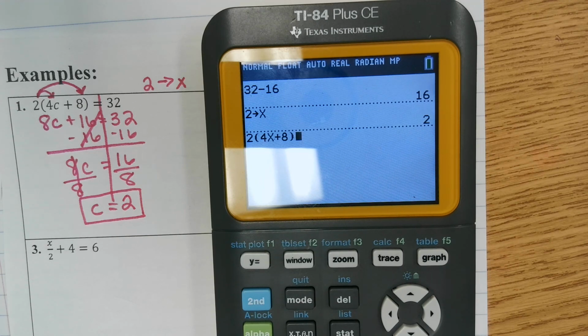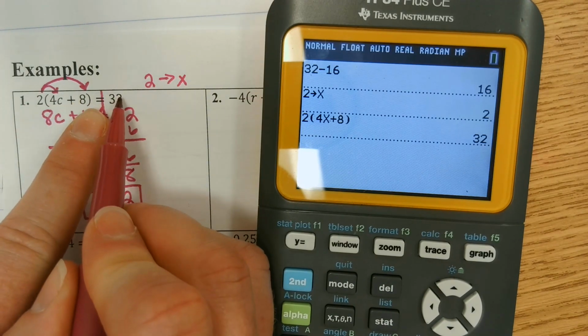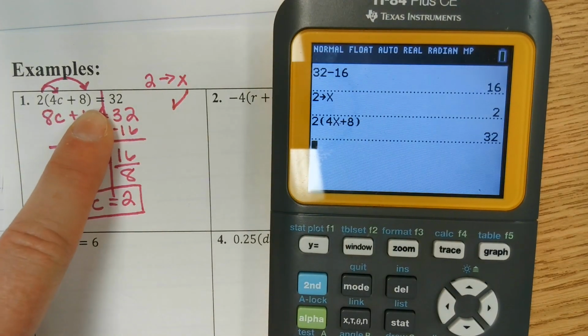Then do that. Let me see yours real quick. Cool. Now push enter. It should come out to be 32, and if it does, that means you did it right.